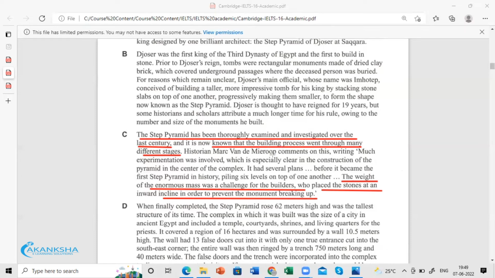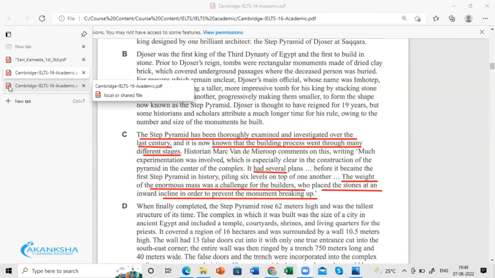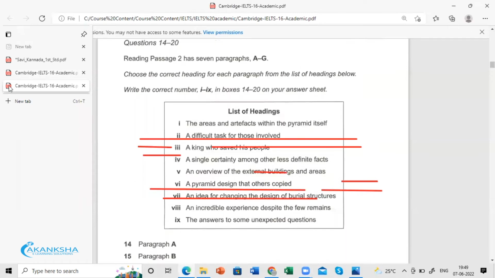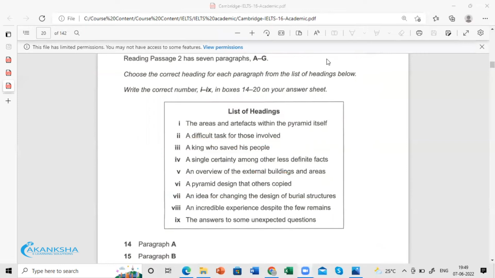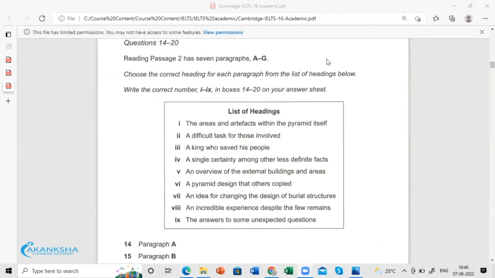Difficult task. It had several plans. Piling six levels on top of one another. Weight, mass, challenge for builders. Means something difficult here, to place the stones. So this is the overall observation of the kind of language used here, and this is something crucial for us.